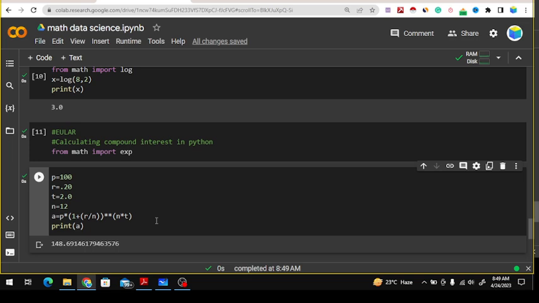If you want to get compound interest daily, you need to change it like this, since the time duration is different. If you want yearly, n is 1, and if you want daily, let's do the same process here.